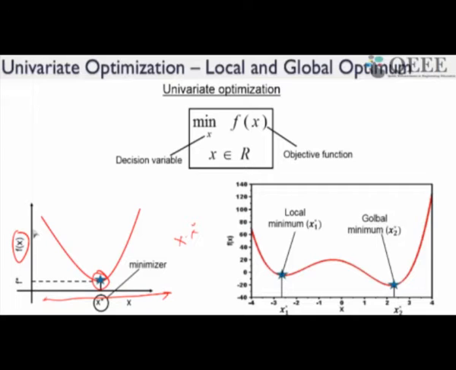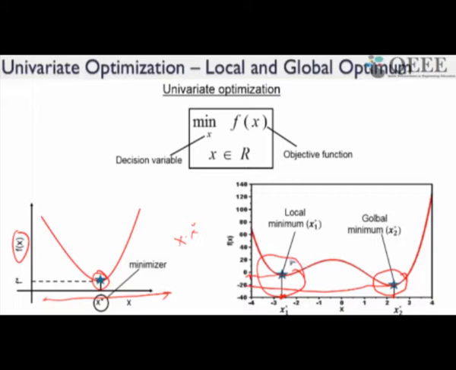Now in general, when you have functions, there is usually not only one minimum value. Take a look at this function here. If you look in this local region, this is the lowest value the function can take at this value of the decision variable. But if you look locally here, then this is the lowest function value at this value of the decision variable.